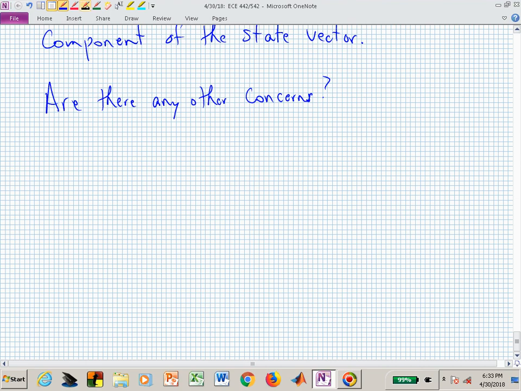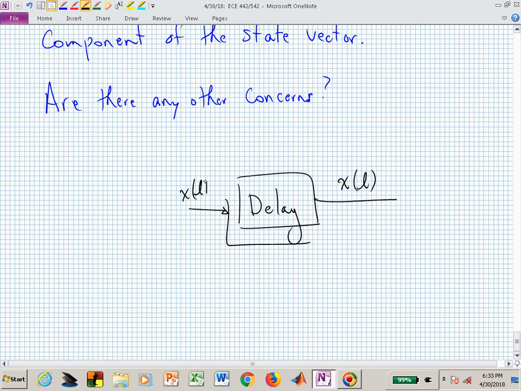Right? So we can behave and tell it where to go if we introduce an external reference input to our system. So what have we had before? We had a delay, maybe a bank of delays, N of those, that generate our state vector. The input to that is an advance of that state vector.